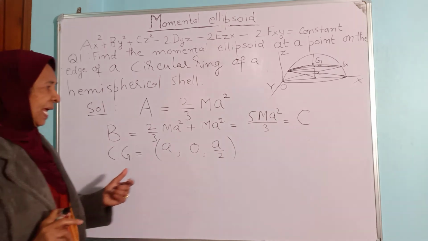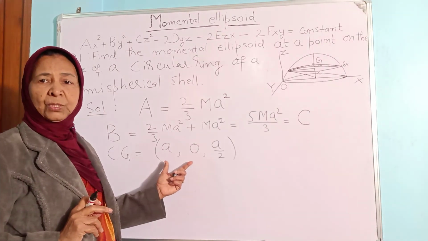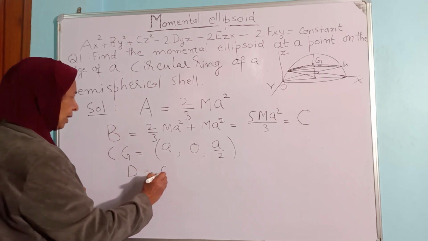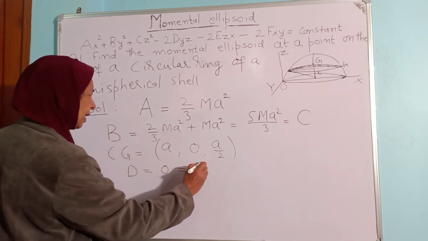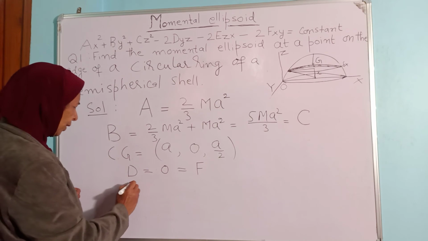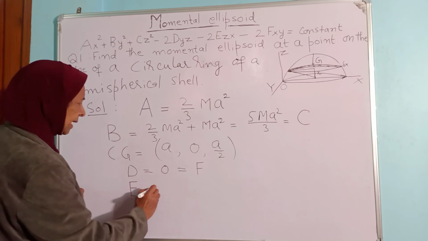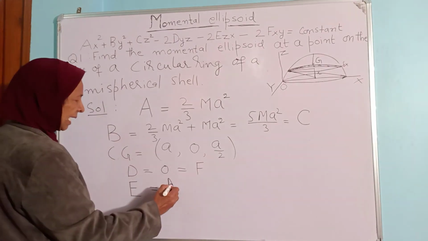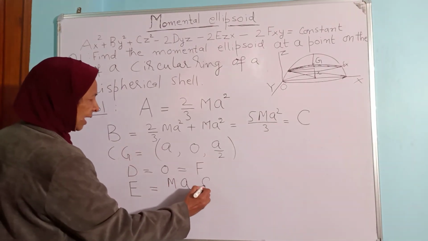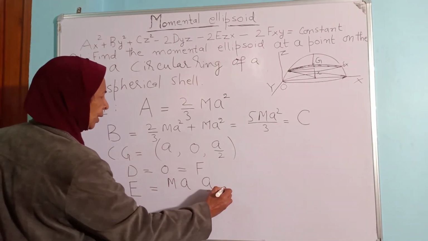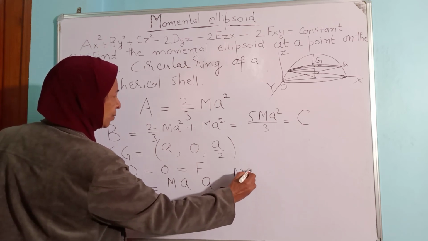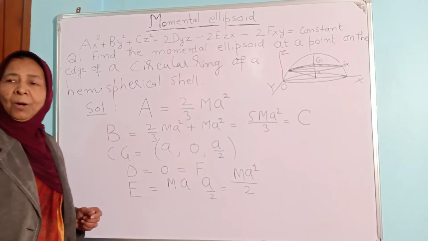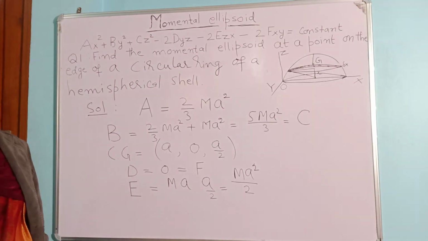Now again, as we did in the last question, here D will be 0, will be F. And what will happen to E? E is MA into A by 2. So it will be MA square by 2. Okay. Now the question is done.